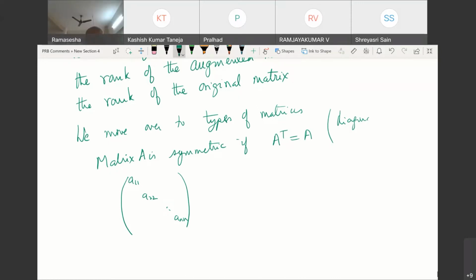So A1n will be equal to A12, etc. Then I'll have A1n, etc., ANN. So there is a symmetry just like the following.